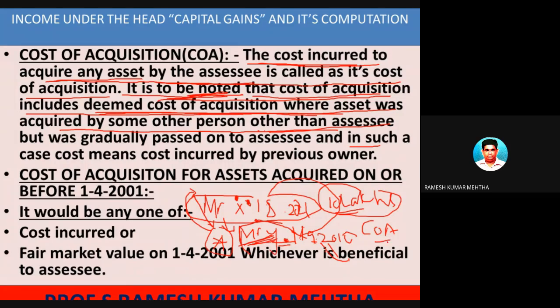In this case, the assessee is Mr. Y, who is selling the land, but who has acquired it previously? Mr. X has acquired it previously. So in the hands of the assessee, the value of this particular piece of land, which is the cost of acquisition, is 10 lakh rupees. And in such a manner, cost means cost incurred by the previous owner.